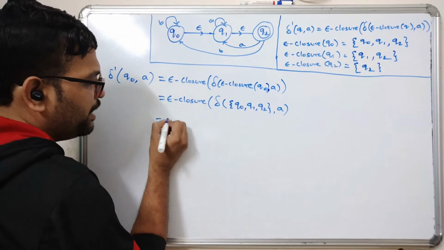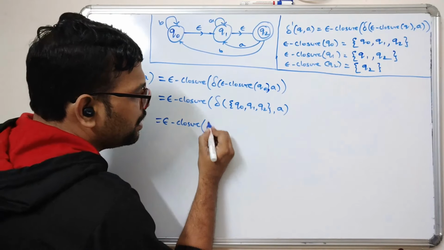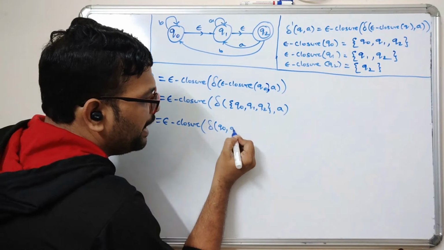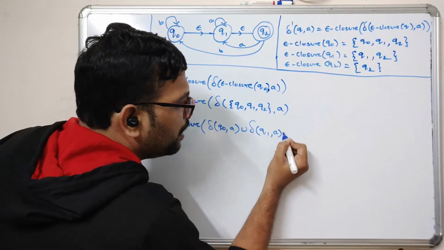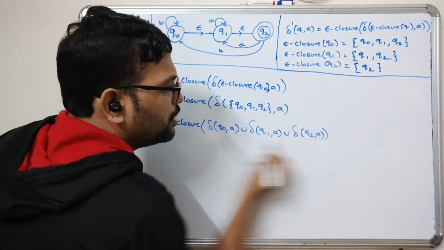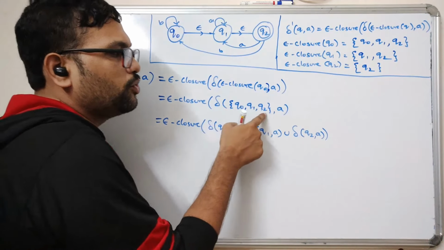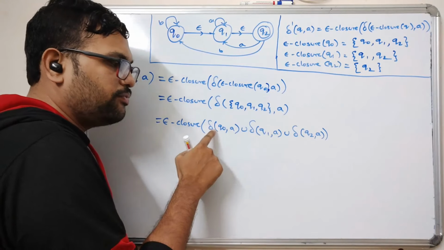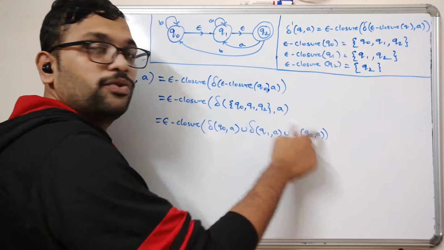So we can write this as epsilon closure of delta of q0 comma a, union delta of q1 comma a, union delta of q2 comma a. We have just expanded this one.